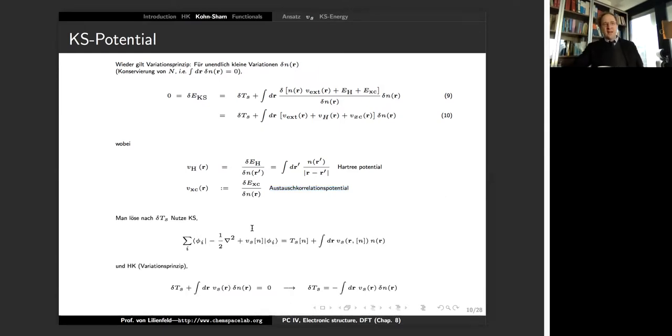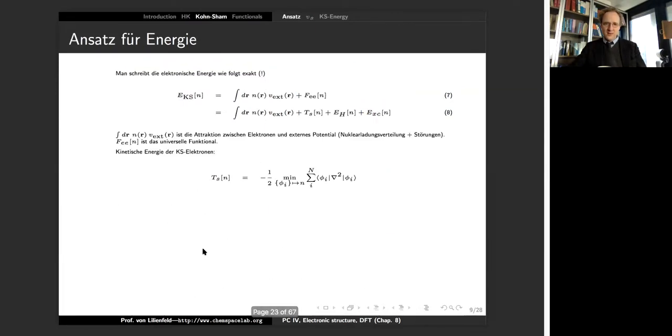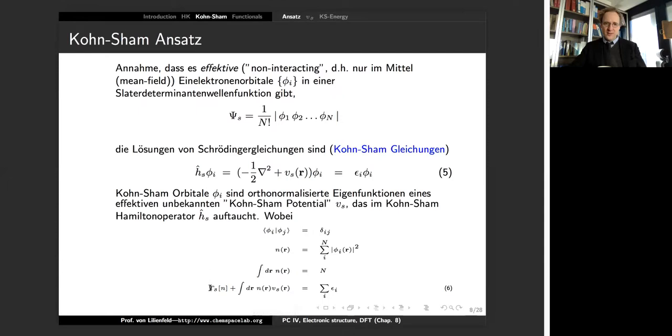Now, you can solve for this delta Ts, and use the Kohn-Sham equations, right? So from this we have Ts, and we know that this holds.